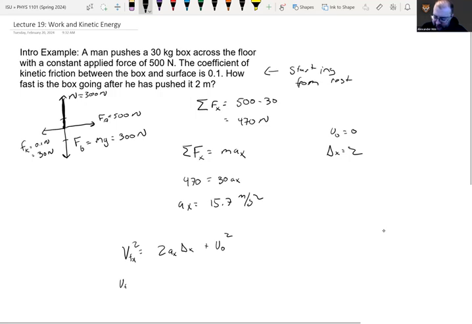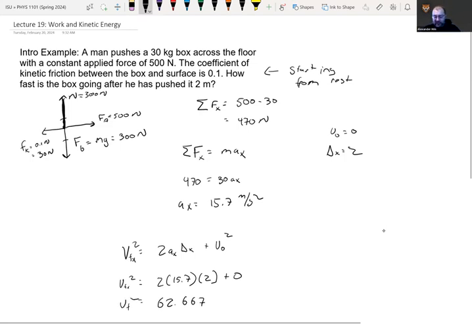So we get v final x squared equals 2 times 15.7 times 2, plus 0. We multiply that by 4, and I get 62. I also didn't round, so I get 62.667 is equal to v final squared.